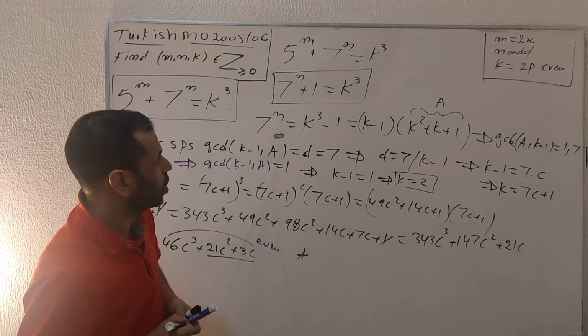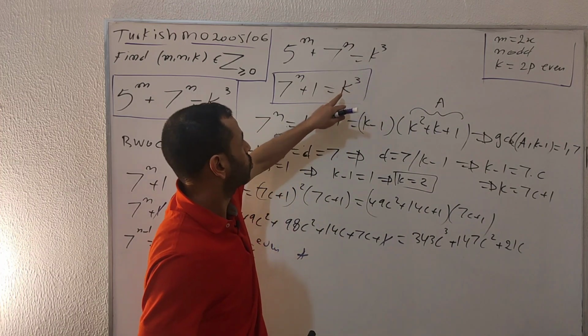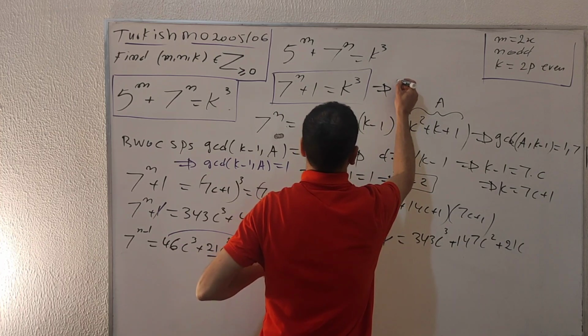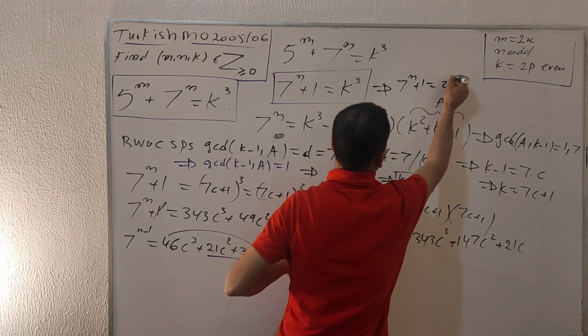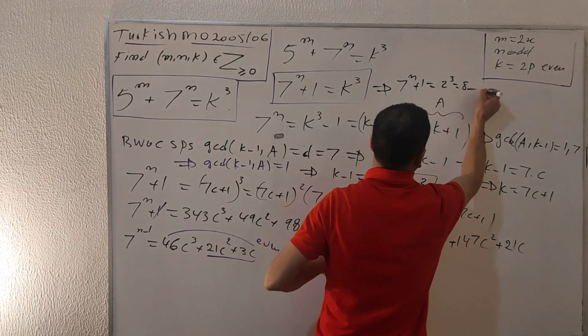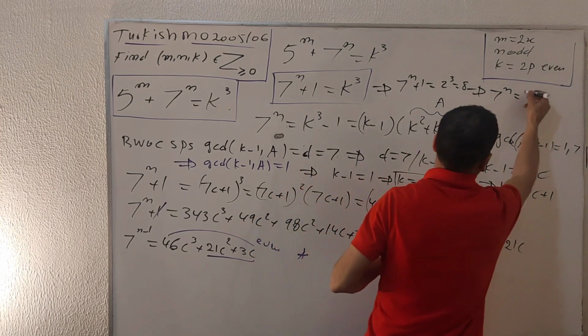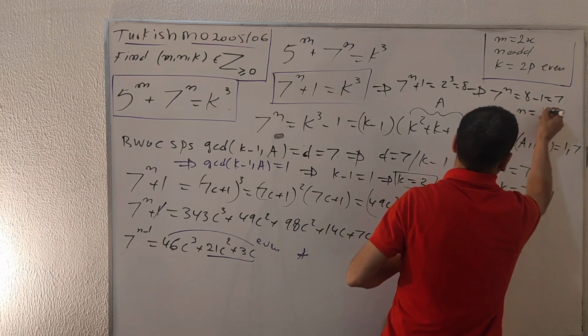If k equals 2, I'm simply going to replace k with number 2 to find the solution for this equation. So which means I will have 7 to the n plus number 1 equals 2 cubed, which is 8. I will have 7 to the n equals 8 minus 1, which is 7. So which means the exponent n equals 1.